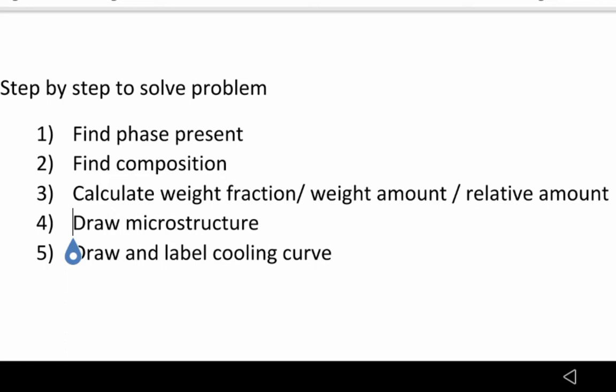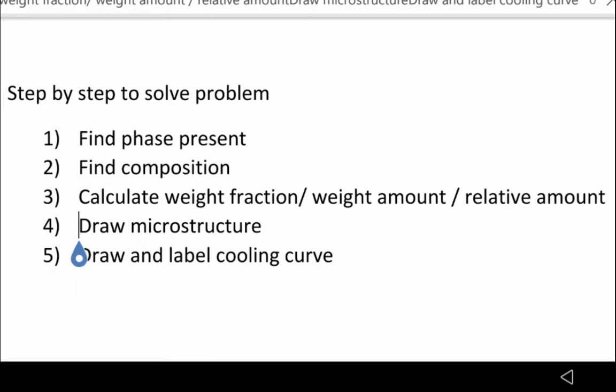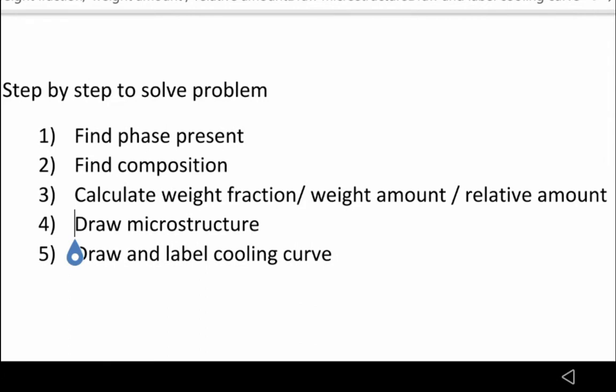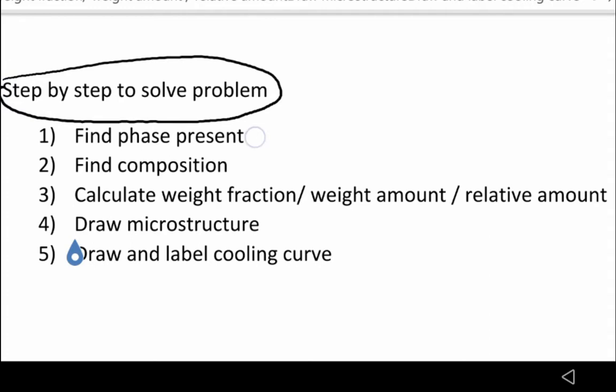Okay, how to solve problems in chapter 2. As I mentioned before, three phase diagrams: no solid solution, limited solid solution, and also isomorphous. Step by step to solve problems. The first, find phase present. Second, find composition.